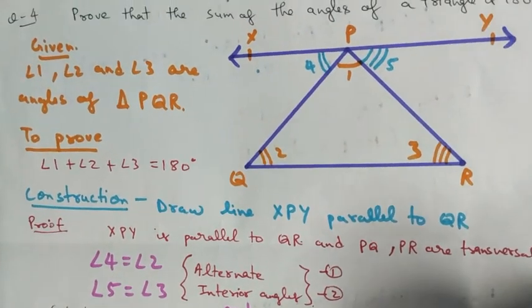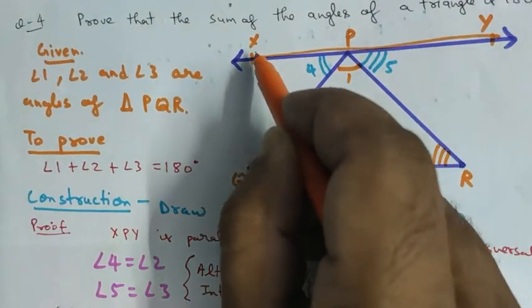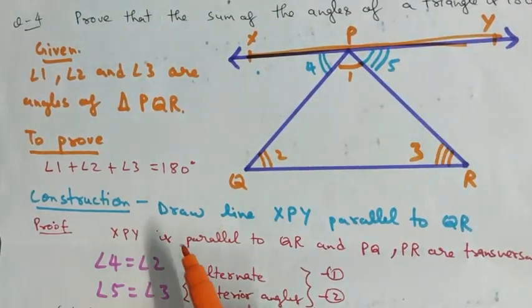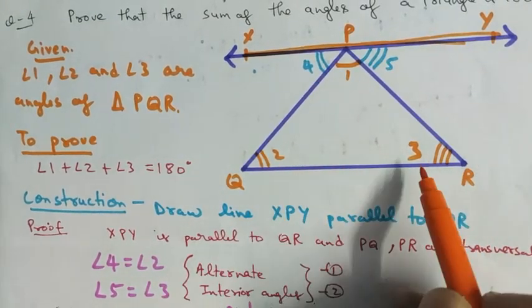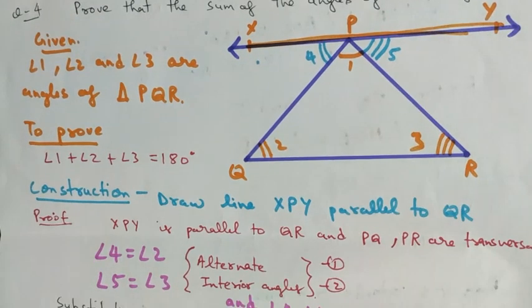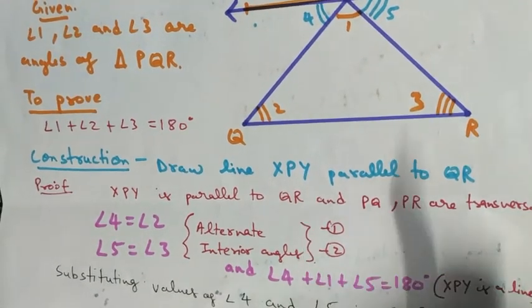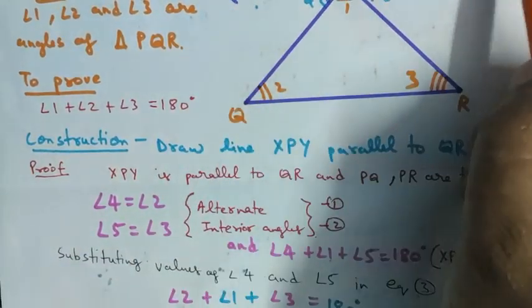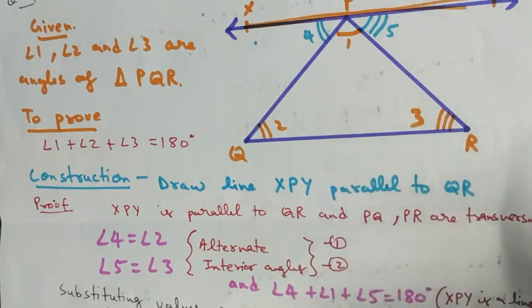We draw a line XPY parallel to QR. Since we have drawn this line parallel to QR, PQ and PR are the transversals.